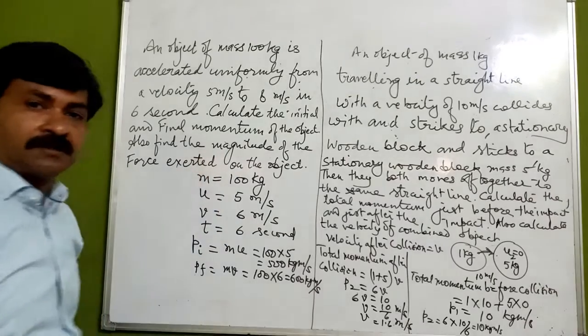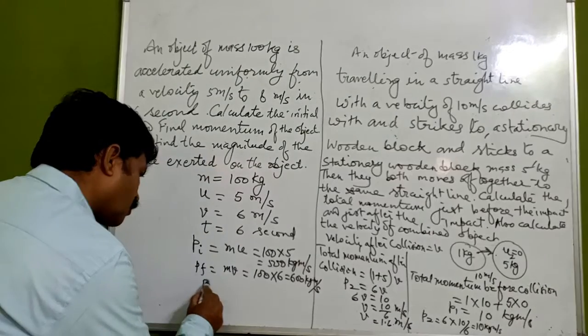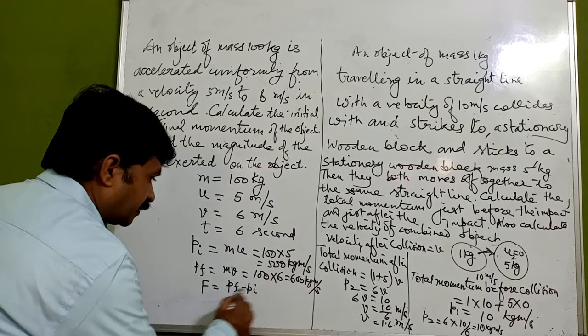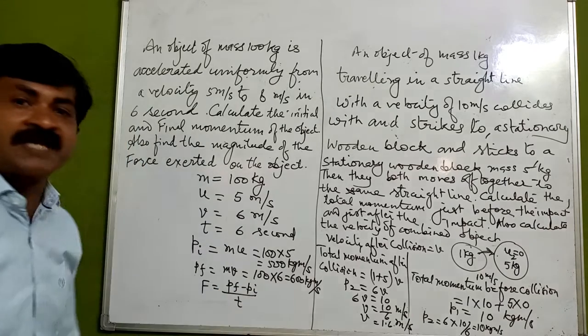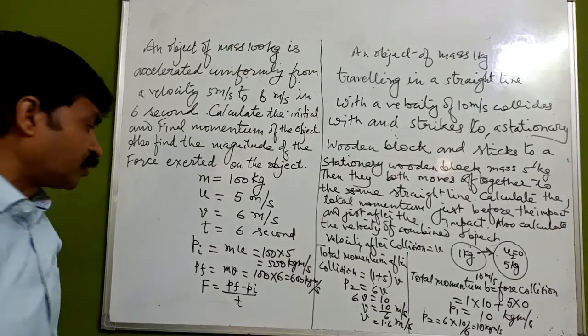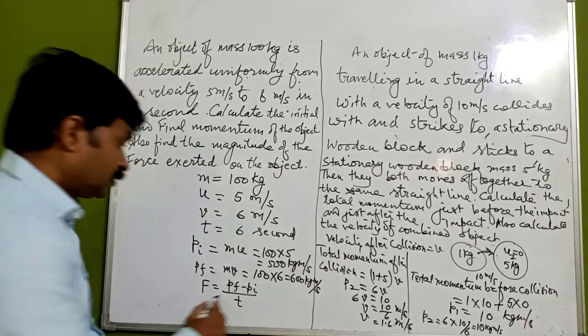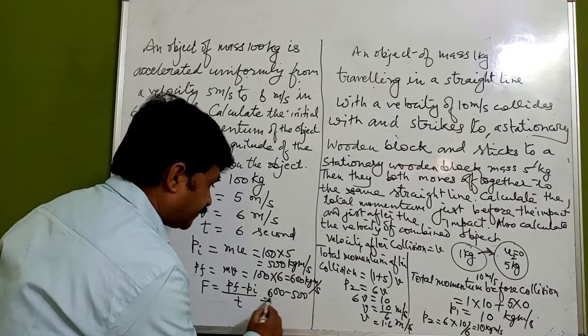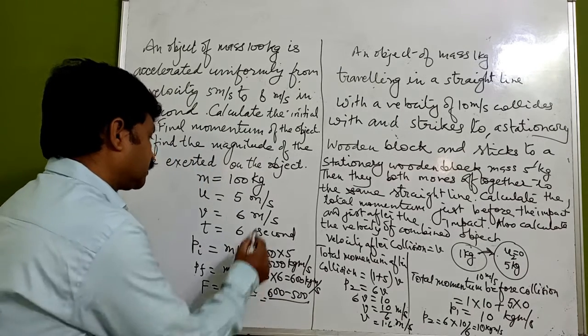Now after getting these momenta, what do we have to determine? The force exerted on the object. Now we know that the change in momentum, Pf minus Pi, divided by the time, the time rate of change of momentum, is going to give you the force. So it is 600 minus 500 divided by time, that is 6 seconds.